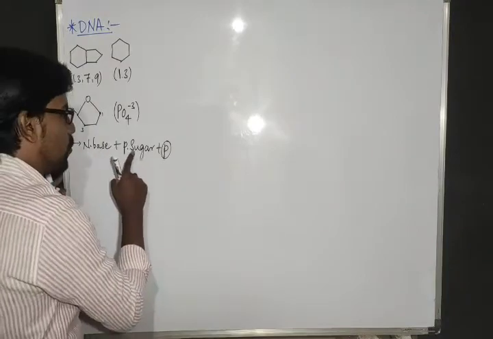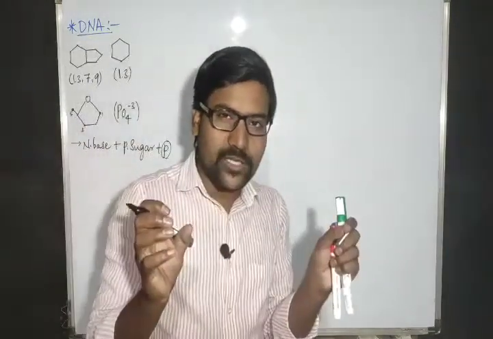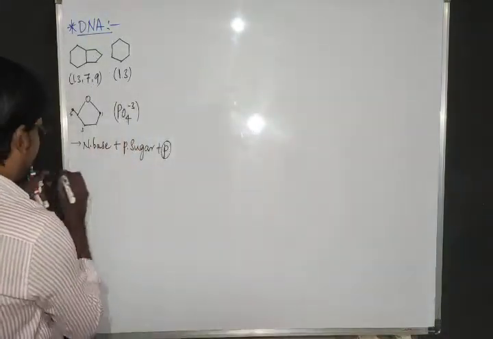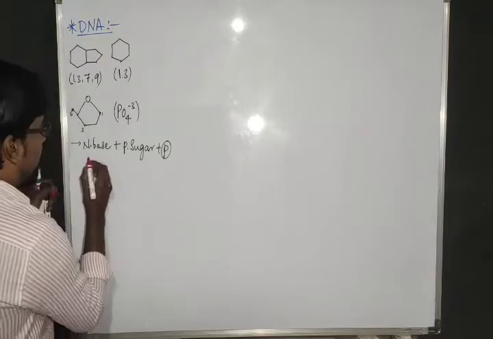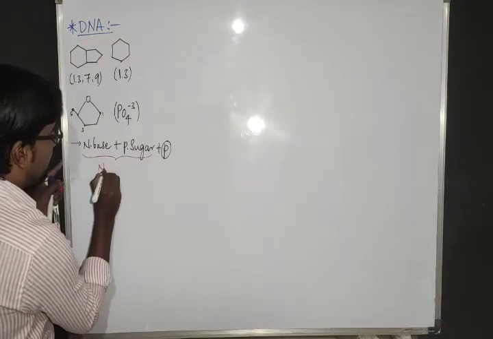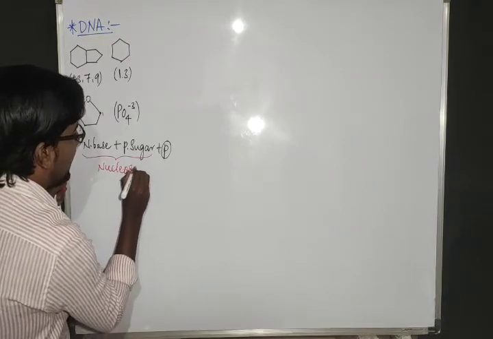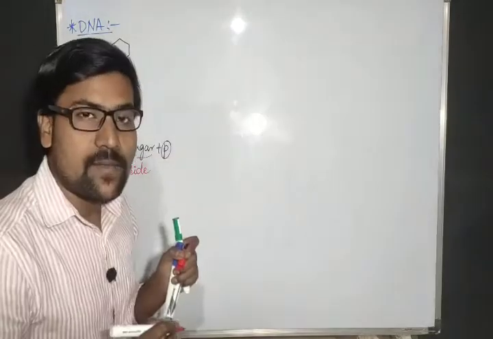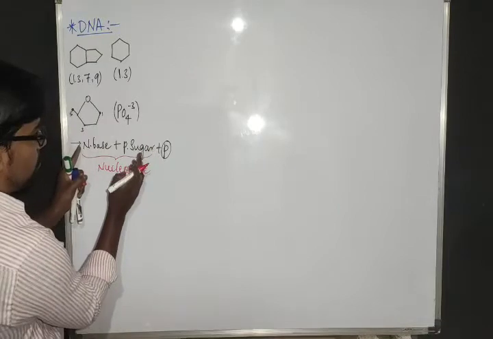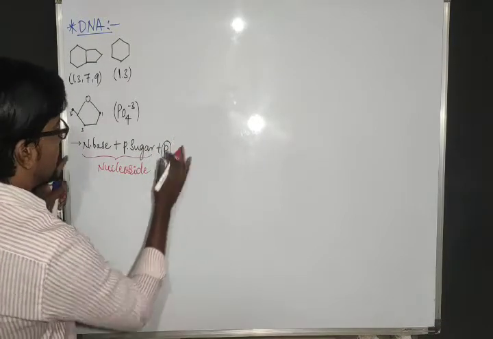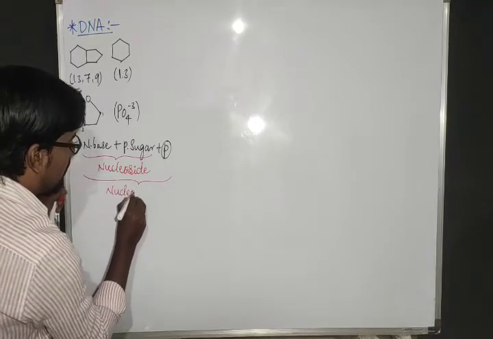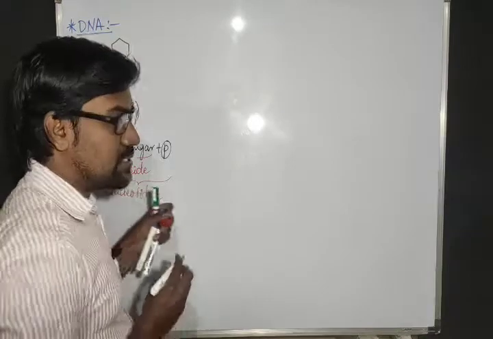All three together become a nucleotide. But if only nitrogen base plus pentose sugar are combined, we call this a nucleoside. This much is a nucleoside. When the nucleoside combines with the phosphate, then the total structure is a nucleotide.